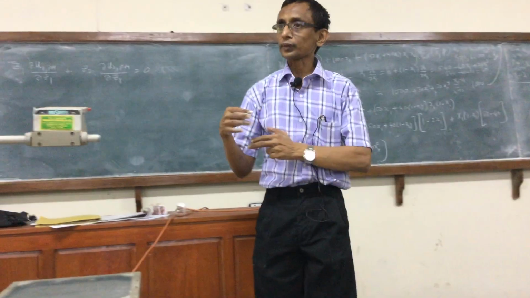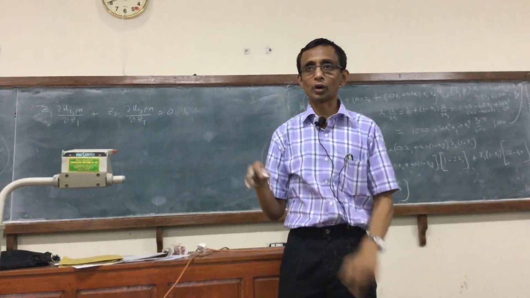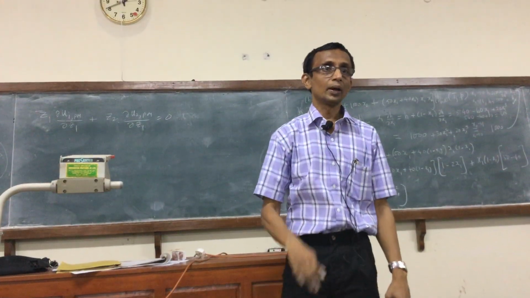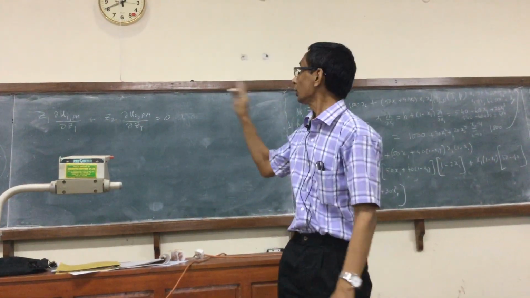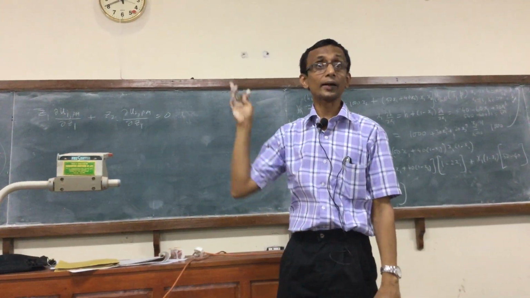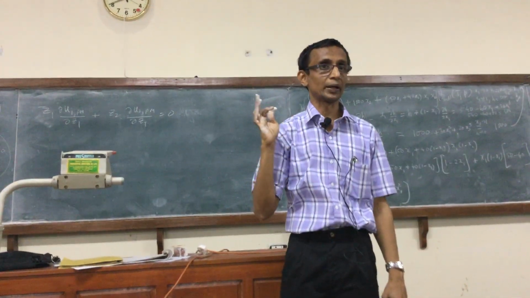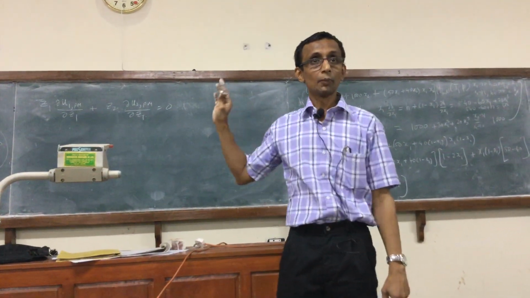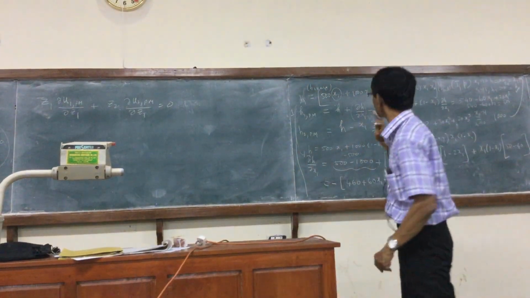However, some books also have problems like that, and there are one or two in the assignment. Suppose I give you just H1 partial molar and ask you to find H2 partial molar for a binary mixture, then you have no option but to use the Gibbs-Duhem equation. So let's do that, even if we already have the answer.